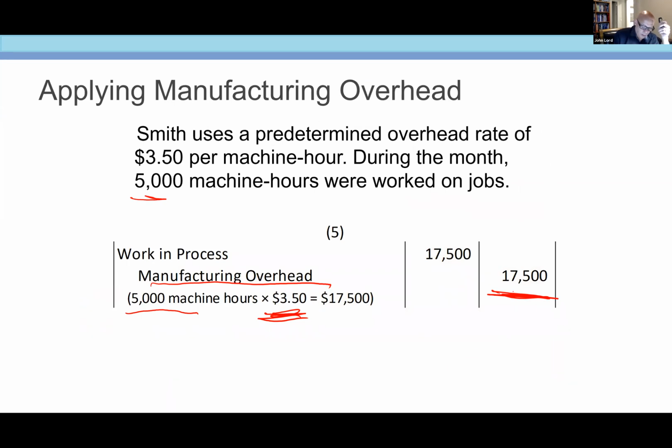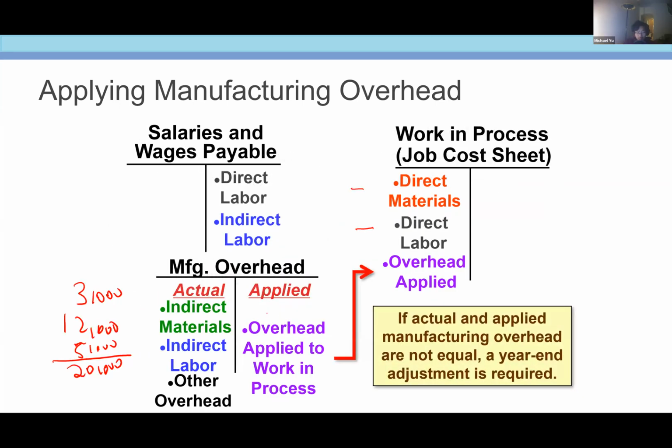When they use a predetermined overhead rate, they applied 17.5, didn't they? Yeah. Does it shock you that they applied a different amount than the actual?